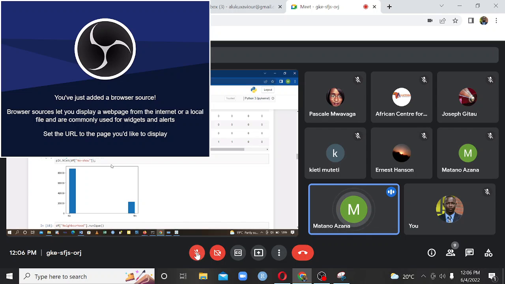As the histogram shows, there is a pretty big discrepancy between the no-shows and those who decided to show. Those who showed are greater in number than those who failed to show.